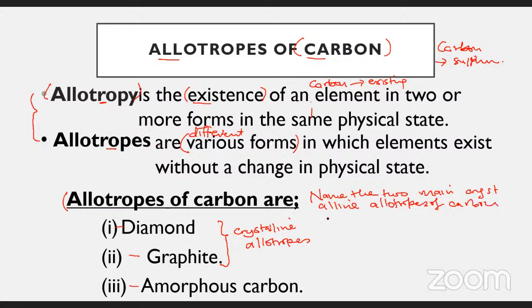If that question comes, there are only two: diamond and graphite. Then lastly, amorphous carbon is non-crystalline. So the other two, diamond and graphite, are crystalline, and the third one, which is amorphous, is non-crystalline.